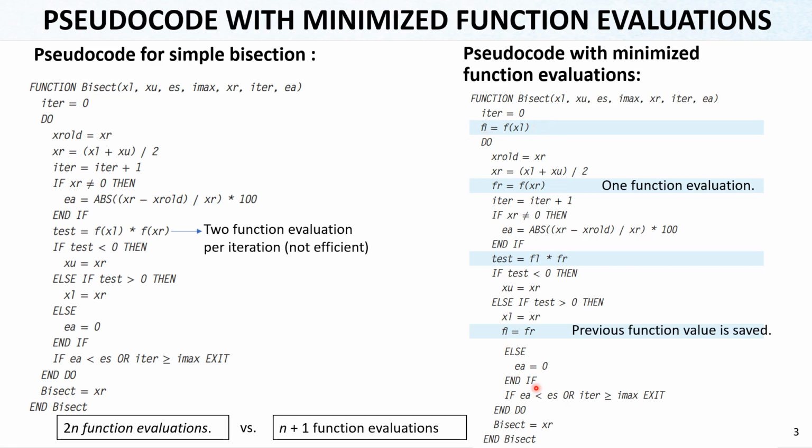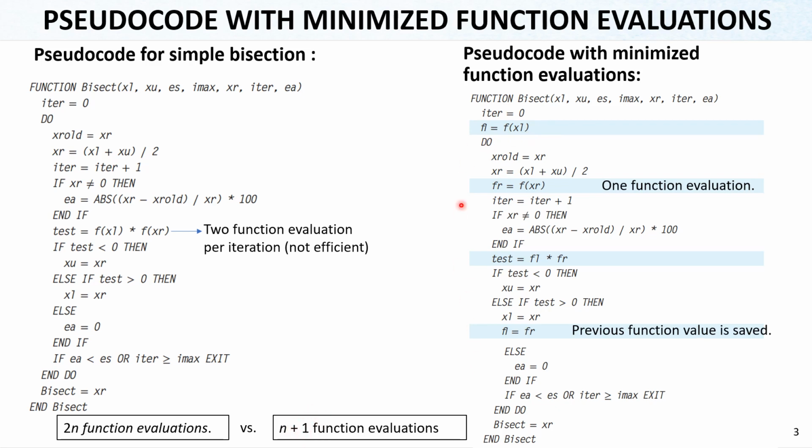Because this is before the do loop, it will be only one function evaluation. So instead of two function evaluations times n iterations, here we only have n function evaluations, and the only XL function value is the first XL value, so it's plus 1.